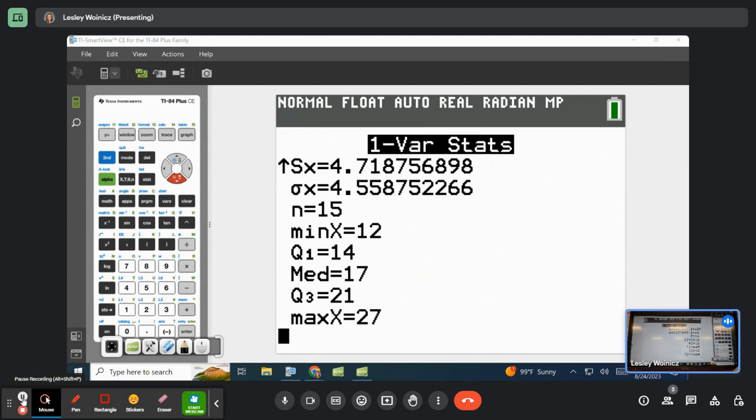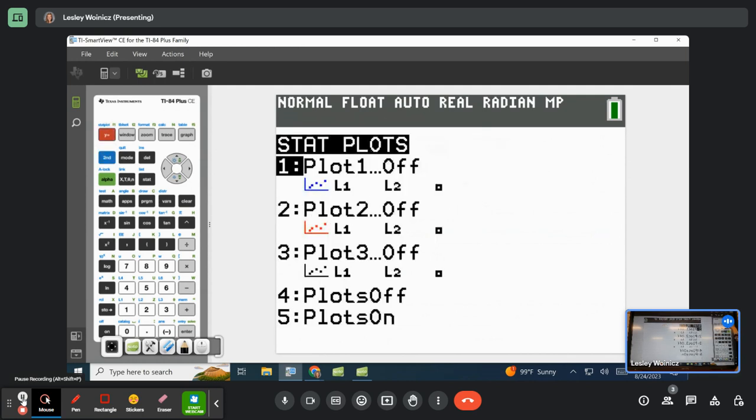We're going to turn on stat plot. So we go 2nd, Y= to the stat plot. Okay, and we're going to hit enter and turn it on.